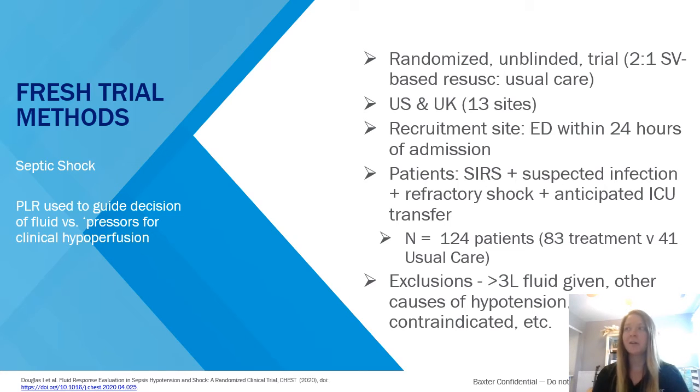If the patient could not complete a passive leg raise, they were excluded from this study. Also, if the patients received more than 3 liters in the ED, they were excluded. And there were some other reasons for exclusion, such as going to the OR and not being able to follow the algorithm, or having other causes of hypotension not due to sepsis.